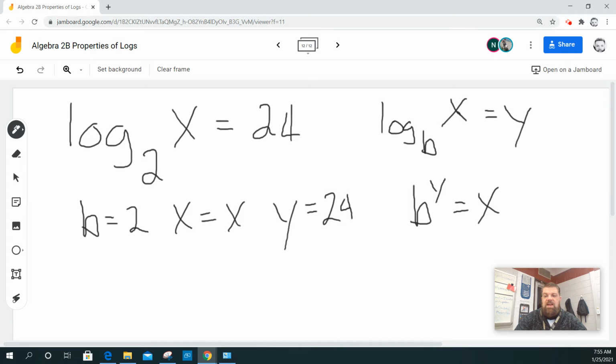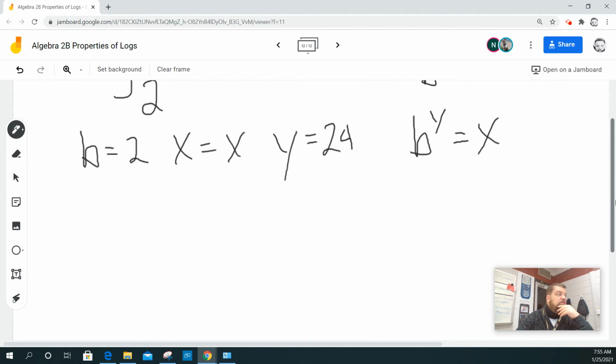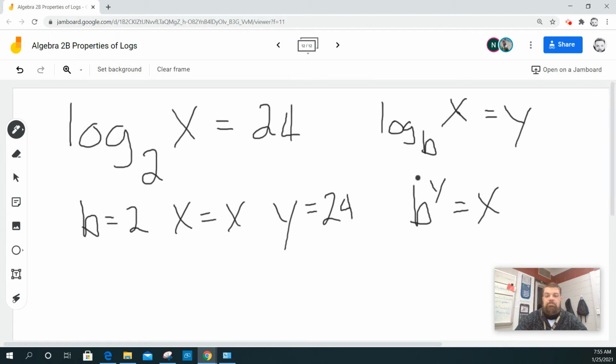And so we're just asked to rewrite this. It says which exponential equation is equivalent to this logarithmic. So we're rewriting this as an exponential.